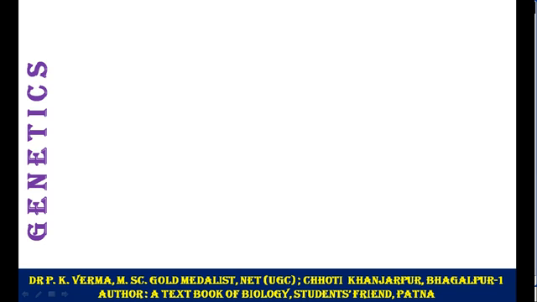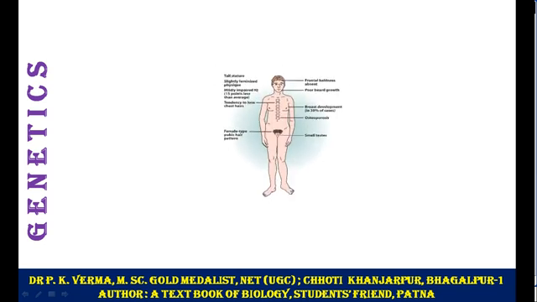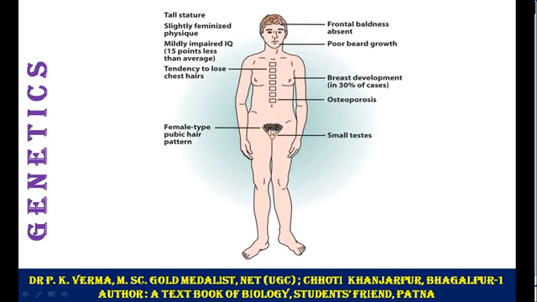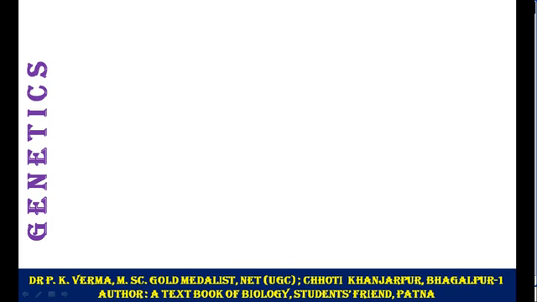So due to presence of Y, the person becomes a male, but the testes are small, fibrous, without germinal epithelium, or if epithelium is present, spermatogenesis is very poor. These are usually infertile.